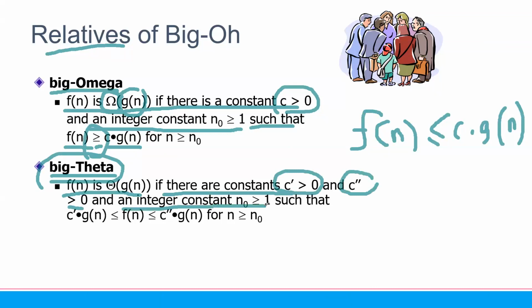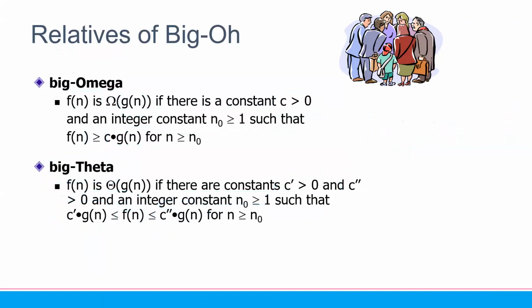What we can say here is that C prime multiplied by Gn will be the lowest bound, and C prime multiplied by C double prime multiplied by Gn will be the higher bound, and Fn will be limited by C prime and C double prime.